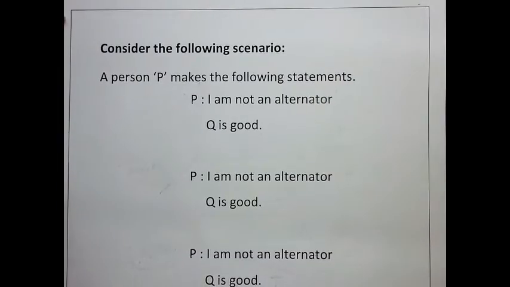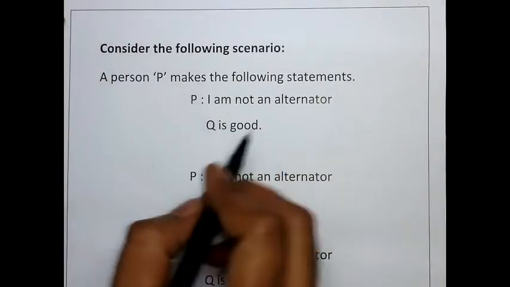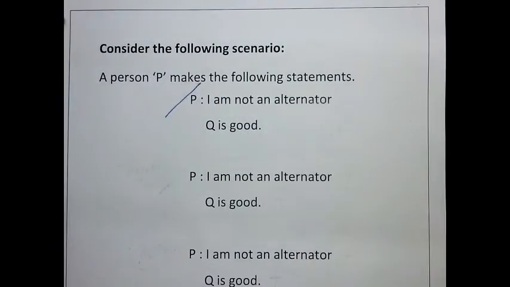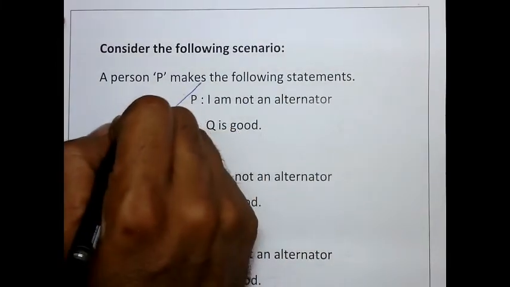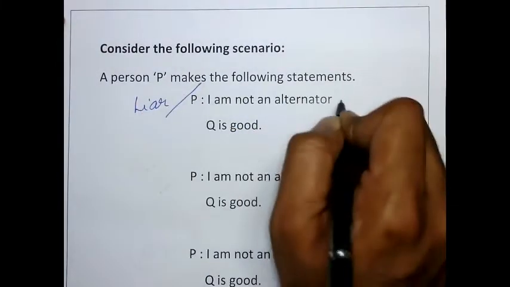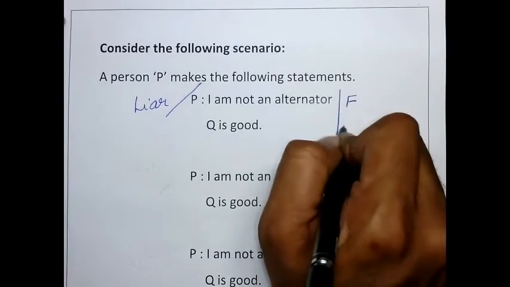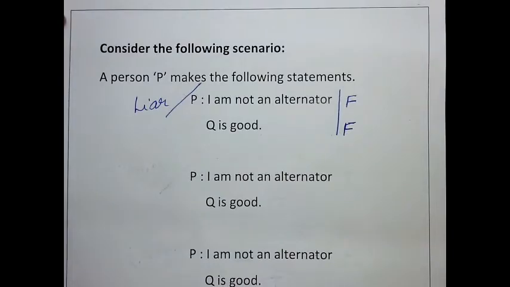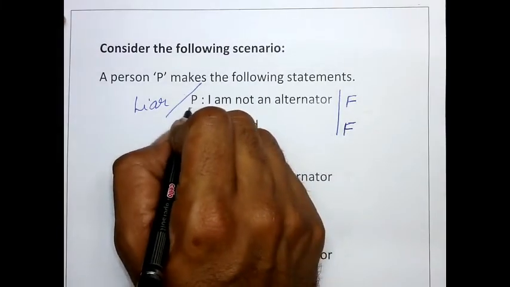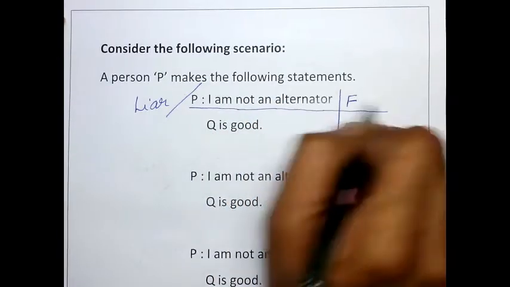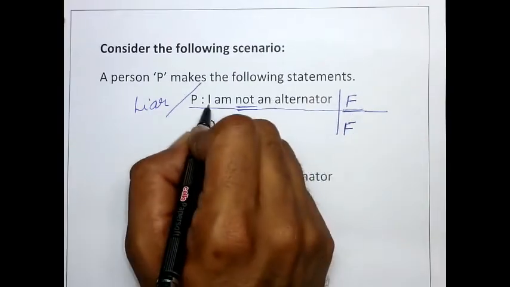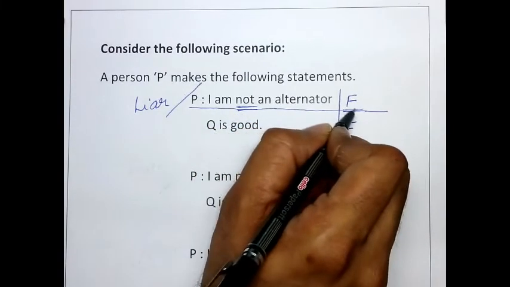Now let us consider the next trigger statement. A person P making the statement I am not an alternator. Let me assume that this person P is a liar. Then this statement is false. The next statement is also false. What I can observe here is that in the statement P says P is not an alternator, and that is false, which means P is an alternator in the statement.